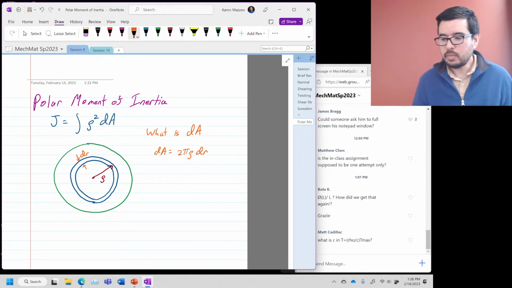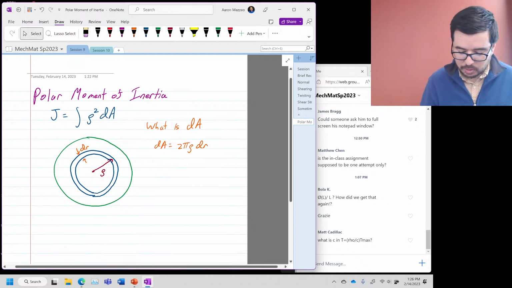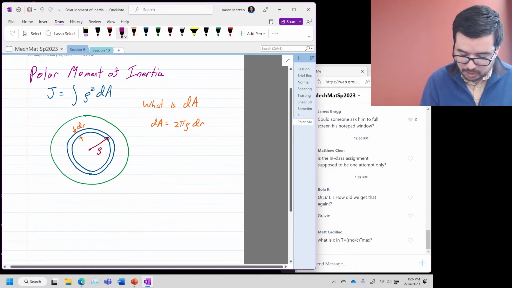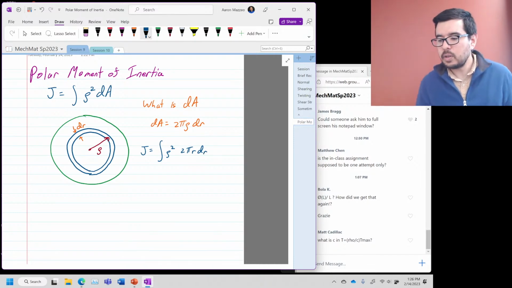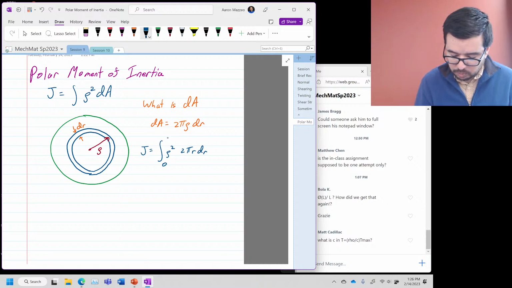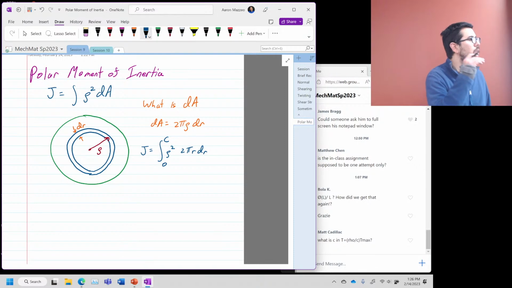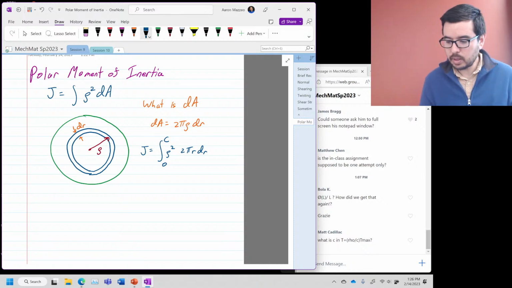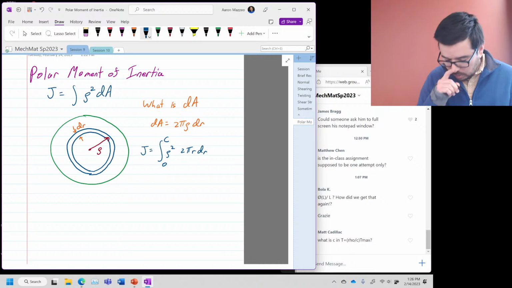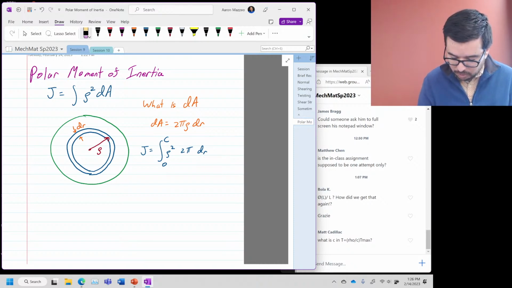So now we can substitute this in for J. We can say J is equal to the integral of rho squared, and then dA is 2 pi rho dr. And now that we have a radius, we're going to do it from the middle all the way up to the radius of the shaft, which we're calling C. Sorry, everyone.